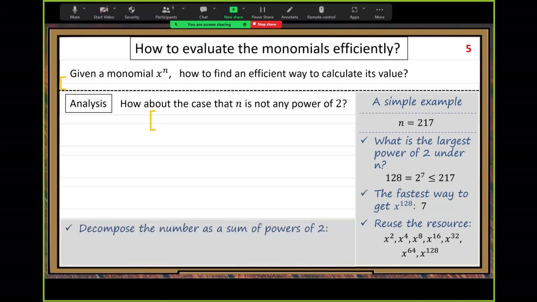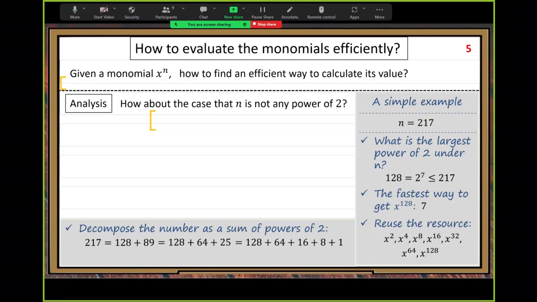So, decompose the number as a sum of powers of 2. Decompose that 217: 128 plus 89. Can we represent 89 as a sum of powers of 2? Power 2 to the 6th, 25. Can we represent 25 as a sum of powers of 2? 16 plus 8 plus 1.